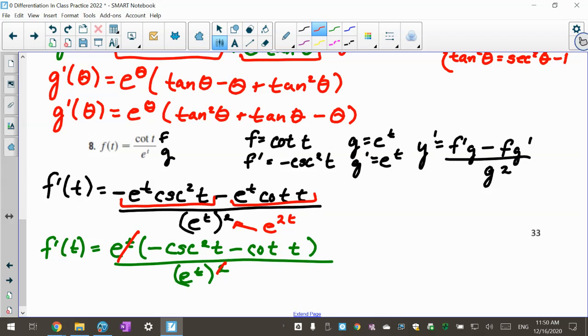So now I just have one e to the t in the bottom. So this comes out to be negative cosecant squared t minus cotan t all over e to the t. So that's how I'm going to leave that derivative. Okay?